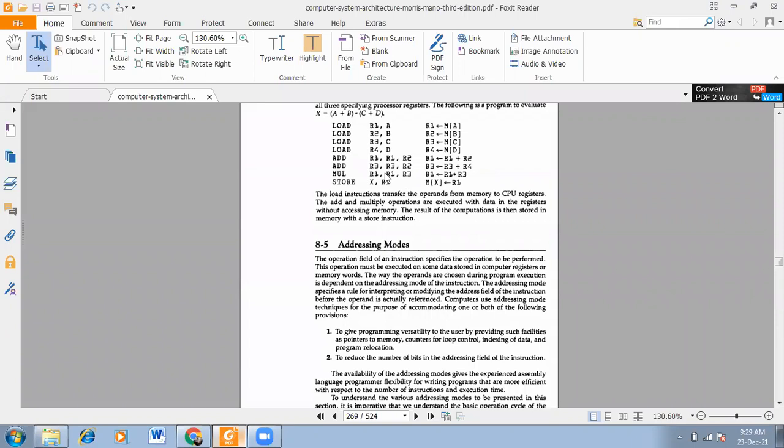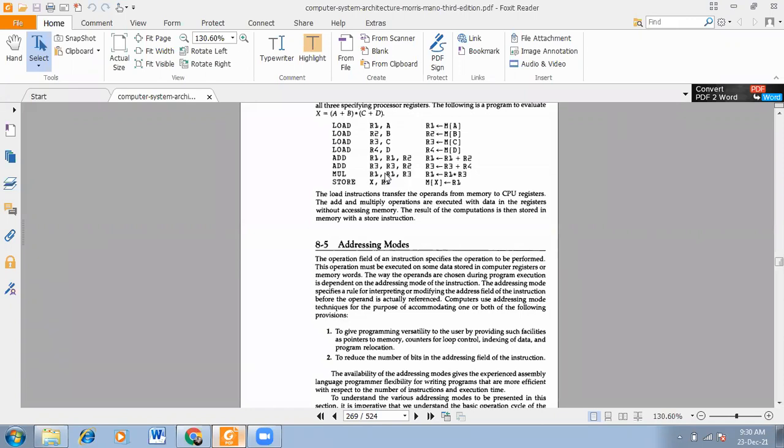This is most important. Sometimes it is needed when you are using loop operations. Looping is important. So in those cases, we may use separate kinds of addressing modes. And to reduce the number of bits in the addressing field of the instruction, also to reduce the bulkiness of the addressing field.